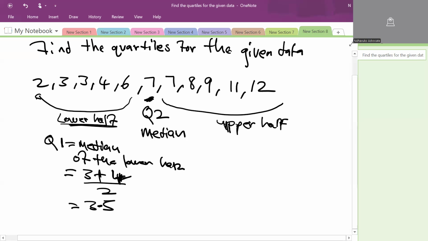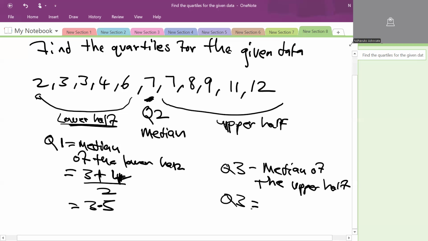So Q3 is the median of the upper half. How would you work this one?